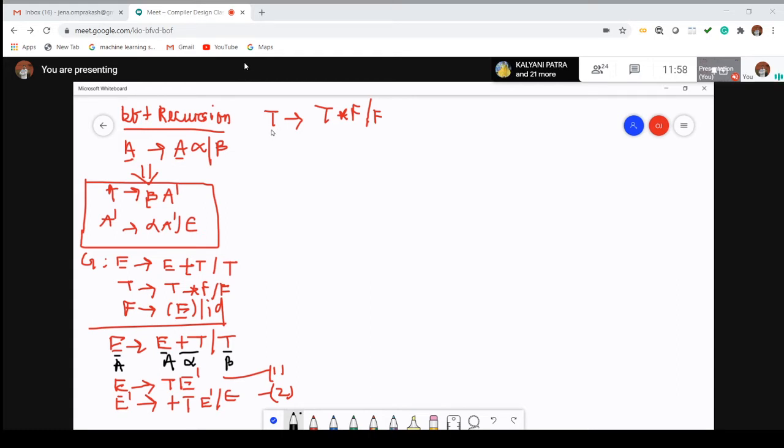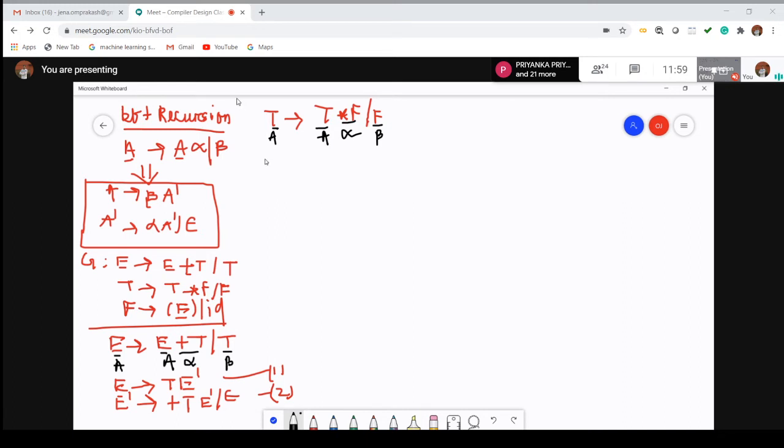The left hand side value should be the same as the first element of the right hand side. So this T is the same. You can represent this as A, this equals A, and this entire star F equals alpha, this value equals beta. So it is in the form of A to A alpha or beta. That means there exists left recursion.